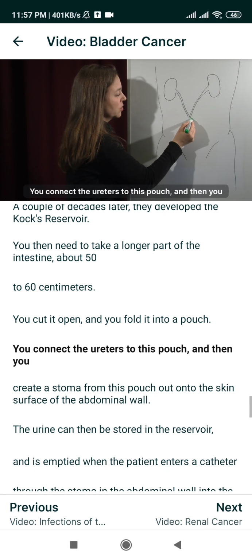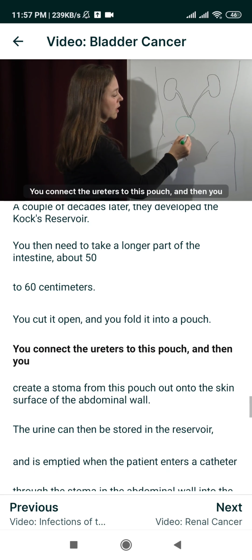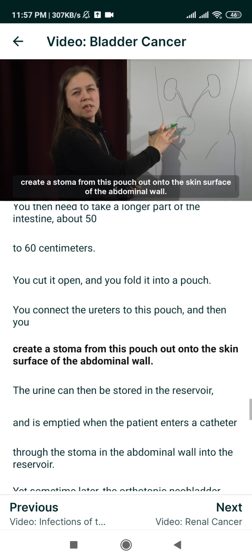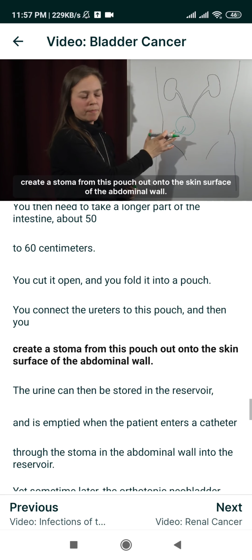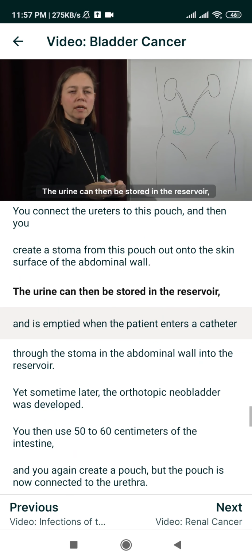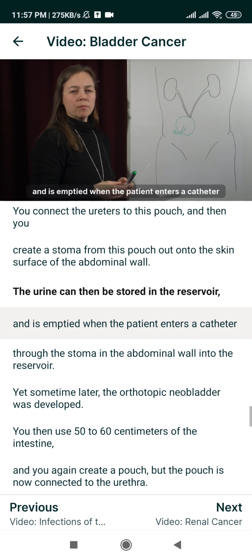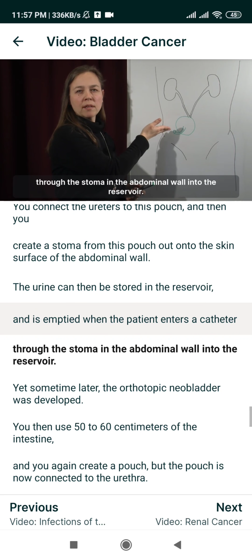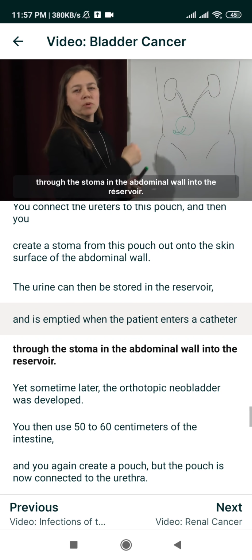You connect the ureters to this pouch, and then you create a stoma from this pouch out on to the skin surface of the abdominal wall. The urine can then be stored in the reservoir and is emptied when the patient enters a catheter through the stoma in the abdominal wall into the reservoir.